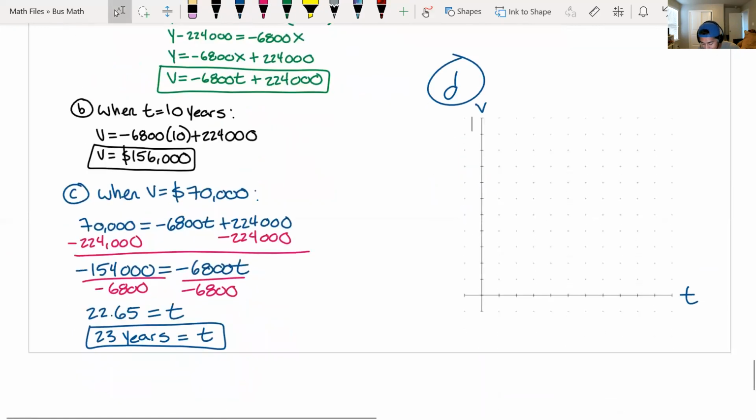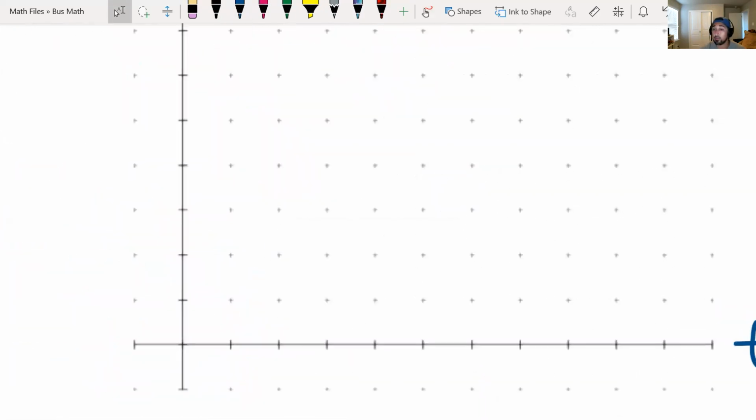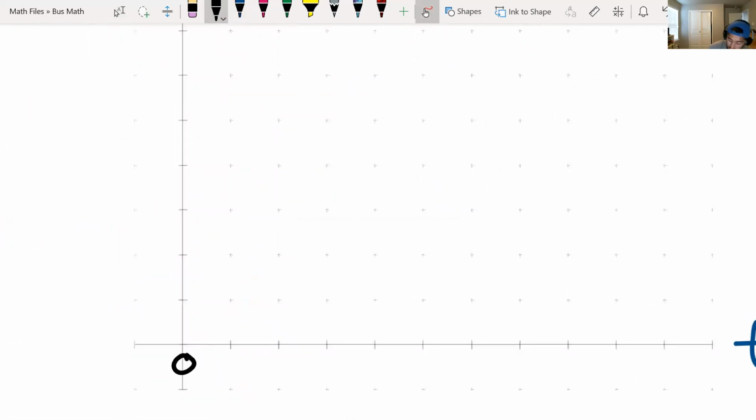And they're giving us the numbers 0 through 30. So down here, I'll make these intervals appropriate. So here's 0. And what do I have? 1, 2, 3, 4, 5, 6, 7, 8, 9, 10, 11. Yeah, I have 11. Okay, so if I'm going to graph this, I'll just go by 5s?